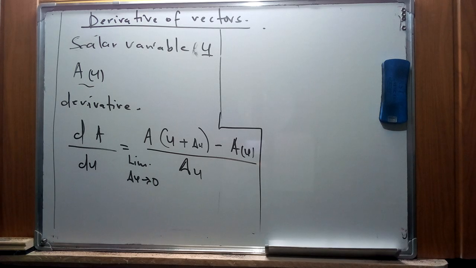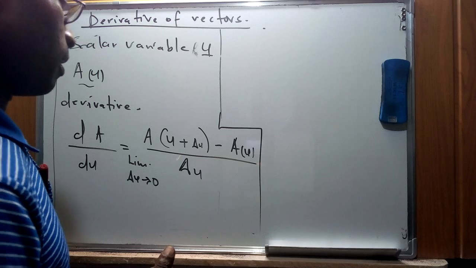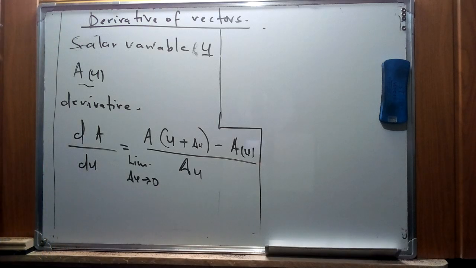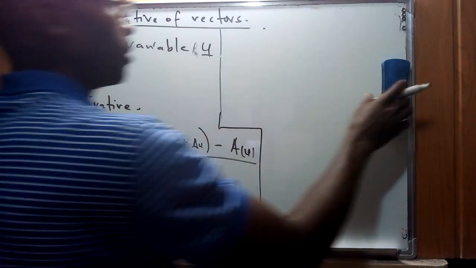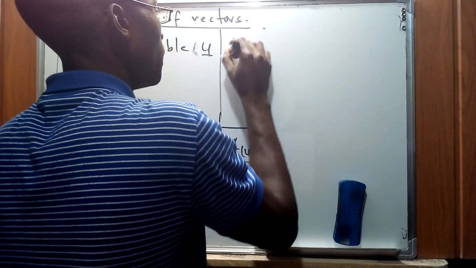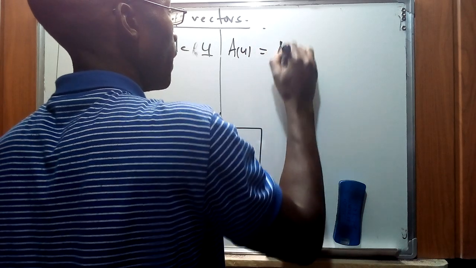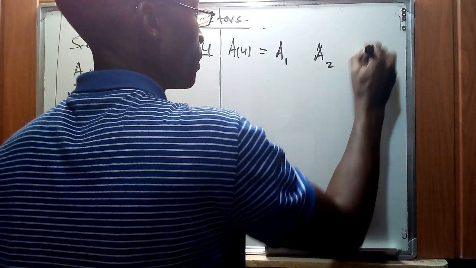Now, provided that this limit exists, when we were trying to talk about the concept of continuous functions or differentiable functions, we talked about the concept of a limit. So in this case, if a limit exists, therefore that function is differentiable, we can write the components of this vector function of u as A1, A2, A3.